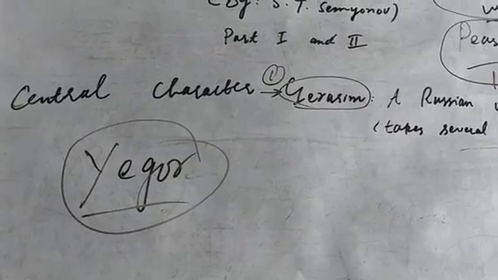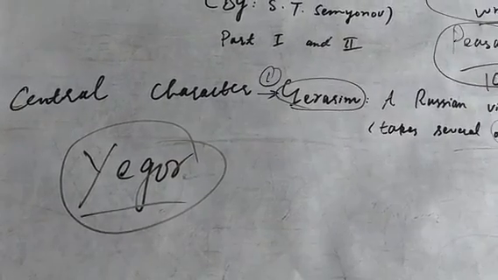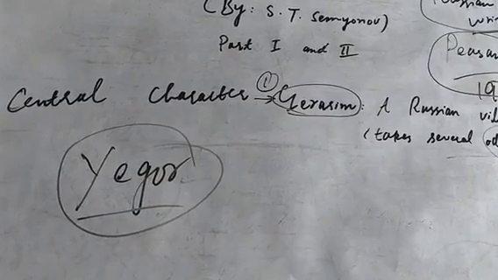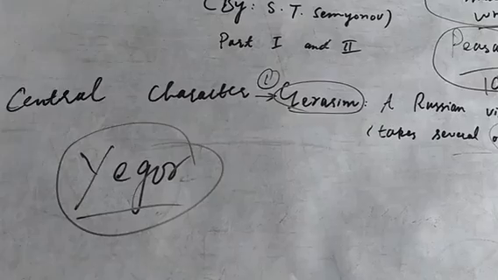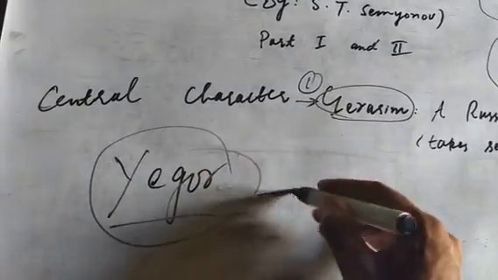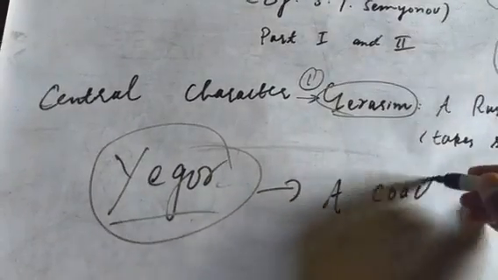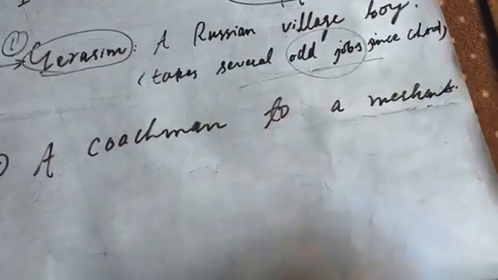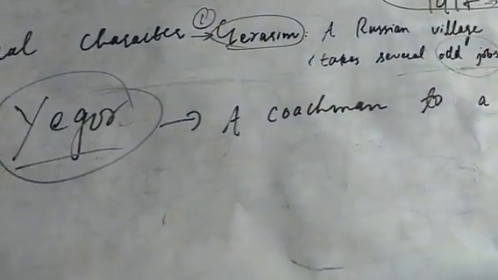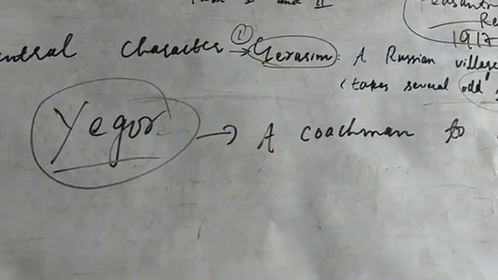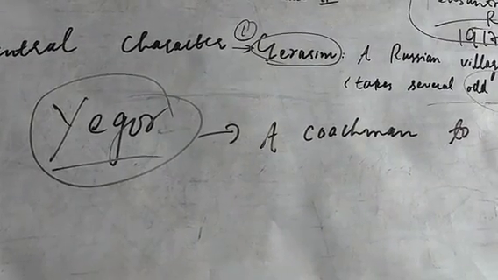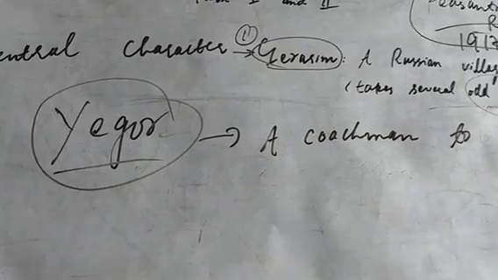When he went to Igor to get the job, he found that Igor is himself a coachman to a merchant, to a rich merchant. Are you getting me? So he tried to convince his friend to help him in order to get some job.